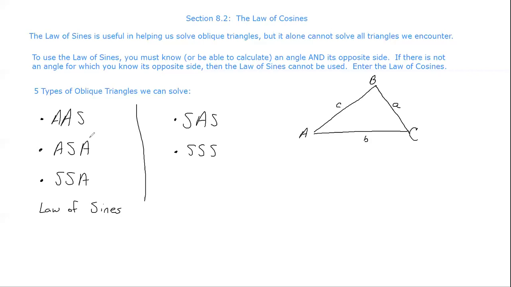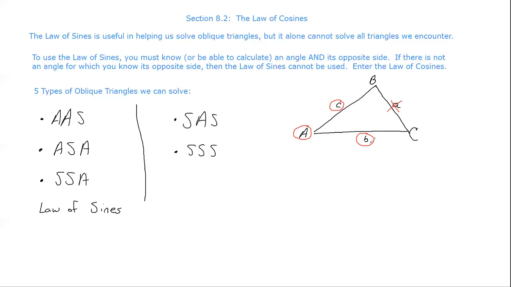But these 2 cases over here, for example, if I look at the side angle side case, that means that you know a side, the angle in the middle, and you know another side. But it's not this side that we know.